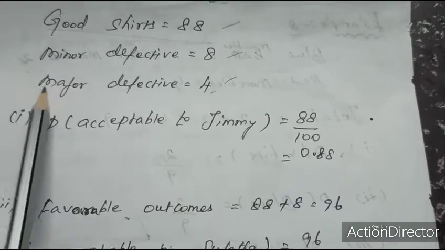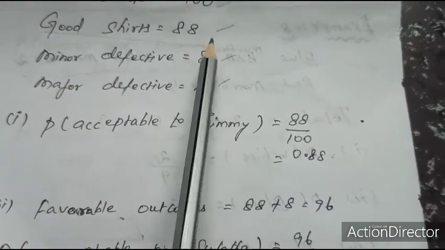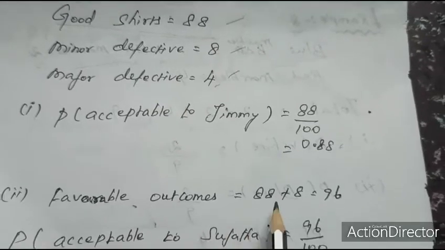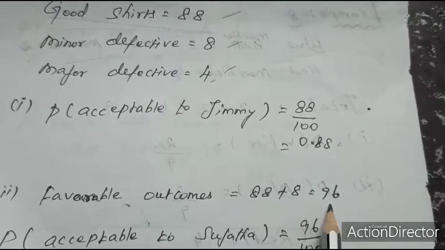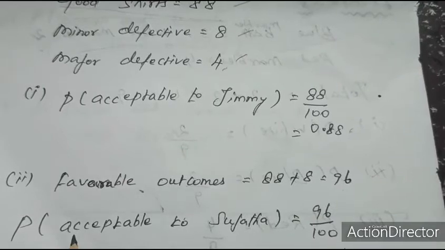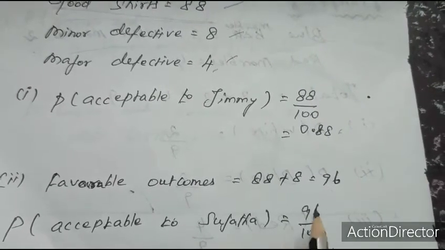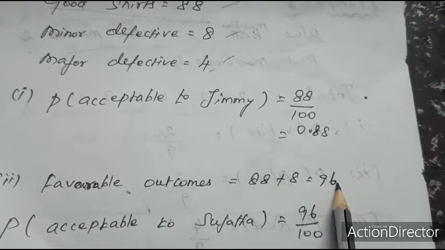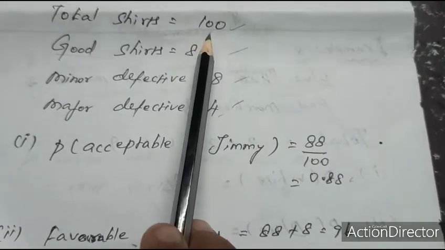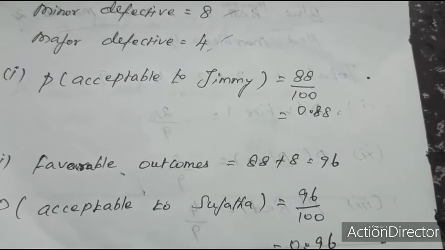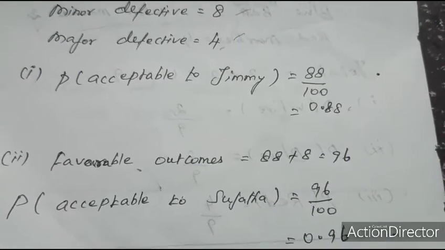Only major defective shirts are rejected; good and minor defective shirts are acceptable to Sujata. Therefore, the probability of acceptable to Sujata equals favorable outcomes 96 by total outcomes 100. 96 by 100 equals 0.96.